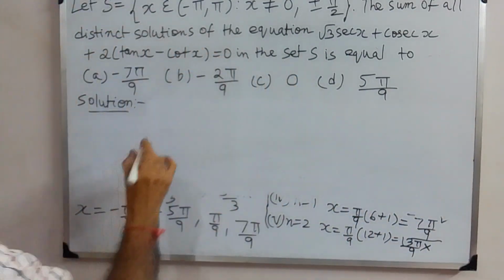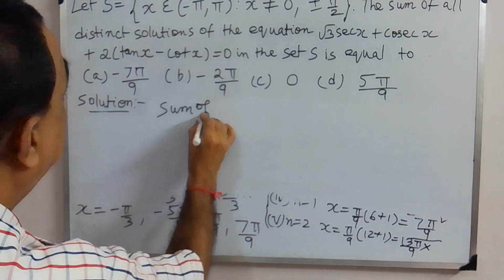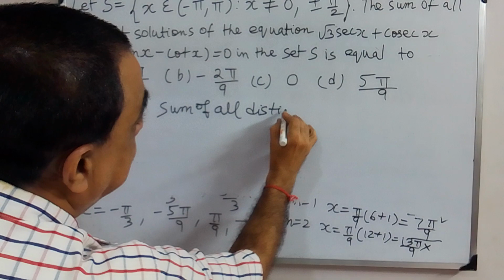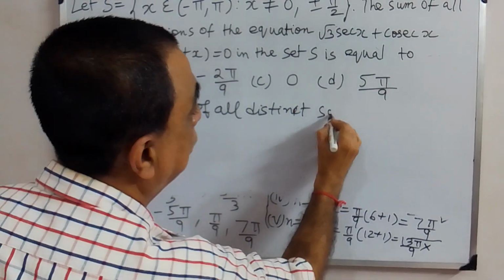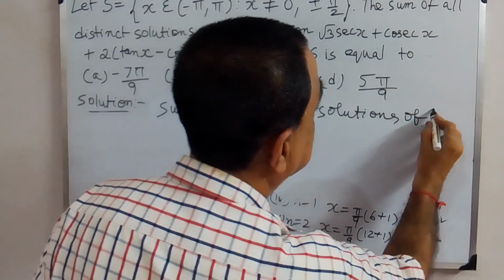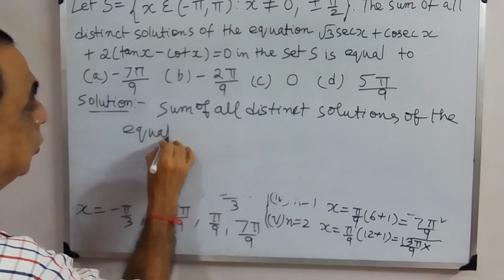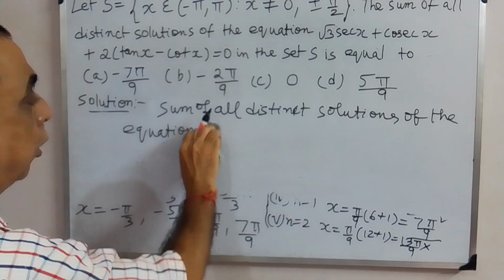So what will be the sum of all the values of x? The sum of all distinct solutions of the equation will be, you add up all the different values of x which you have got.